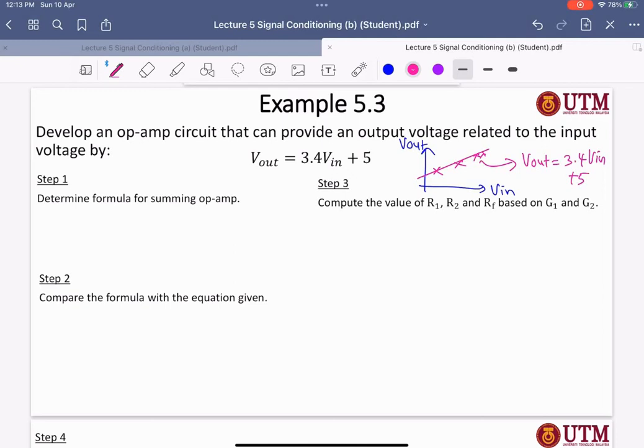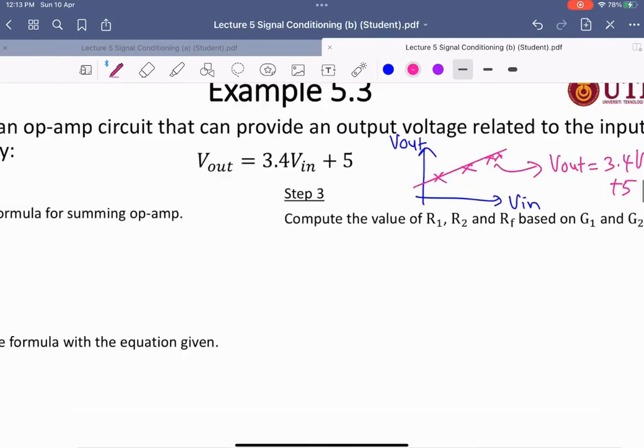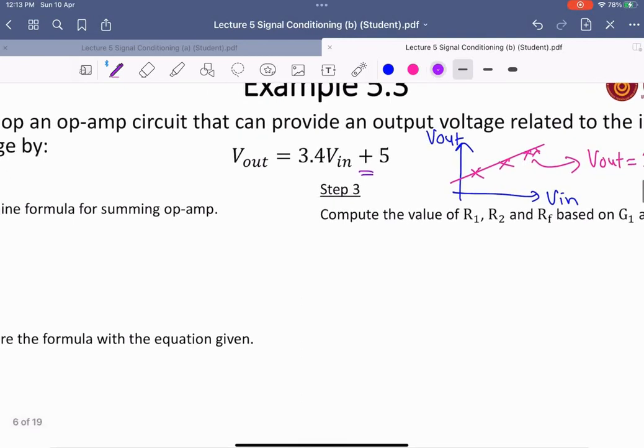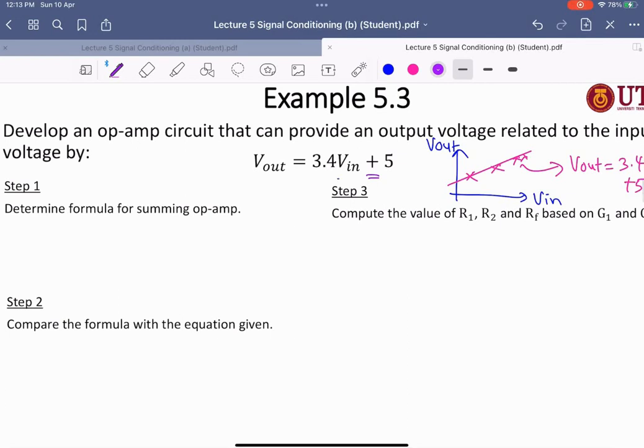So what you need to do is develop an op-amp circuit. If we look here, there is a plus symbol, so that means it will have two inputs, Vin and something else. That means you can do the summing circuit.